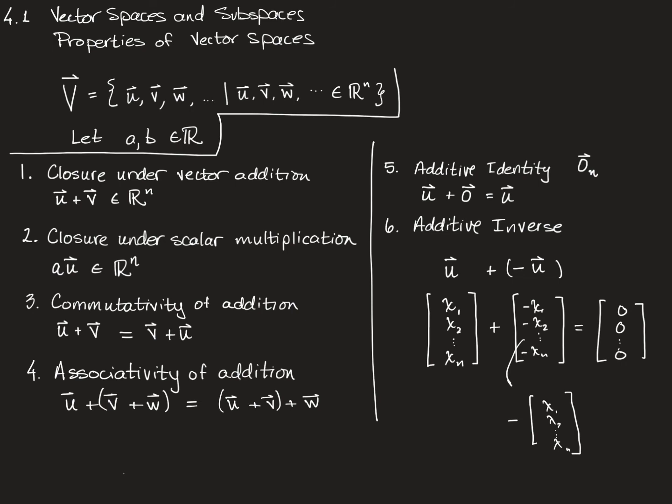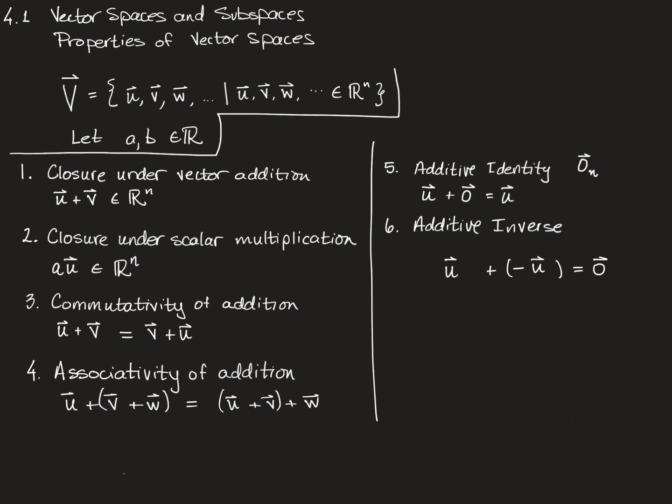Then I can write this as u plus the opposite of u equals the 0 vector. Okay, so now let me erase this work that I've shown down here to show you why that's the case. This notation's a lot more compact. u plus the opposite of u is the additive identity.